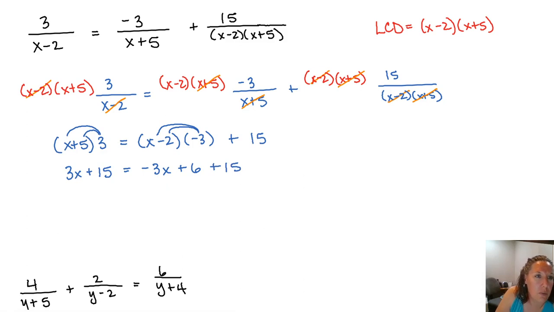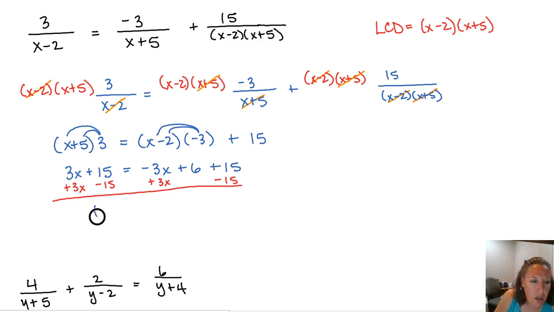Move all of our x's on one side, so we'll add 3x to both sides, and then get our constants on the other side. We'll subtract 15. So on the left-hand side, we're going to be left with 6x. On the right-hand side, those x's go away, the 15's go away, and we just have 6. And so x equals 1 is our potential solution.